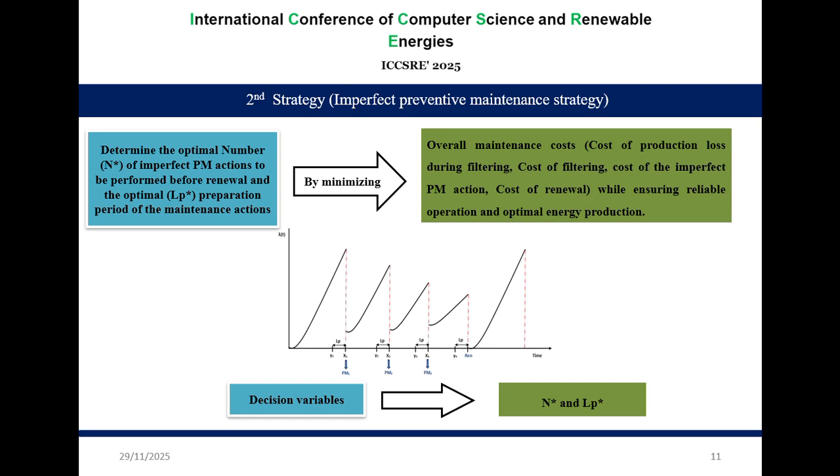So in the second strategy, we will do an imperfect preventive maintenance. We will determine the optimal number and start of imperfect preventive maintenance actions to be performed before renewal, and we will also determine the optimal preparation period of the maintenance actions by minimizing overall maintenance costs that are cost of production lost during filtering, cost of filtering, cost of the imperfect preventive maintenance action, and cost of renewal, while ensuring reliable operation and optimal energy production.